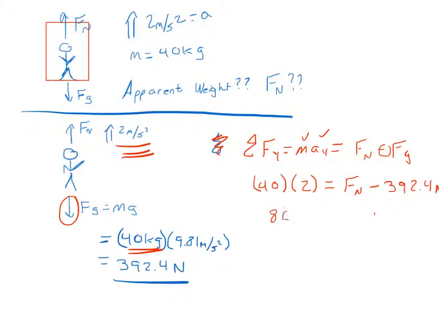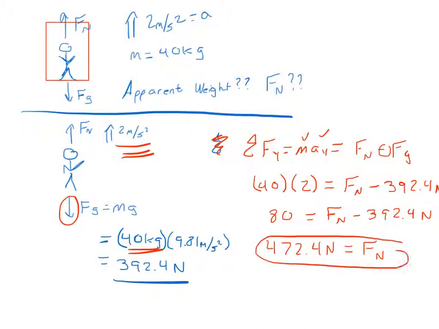So we get 80. We add 392.4 to both sides, and we get 472.4 equals the normal force. Done.